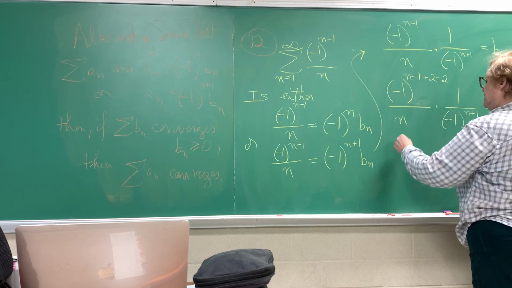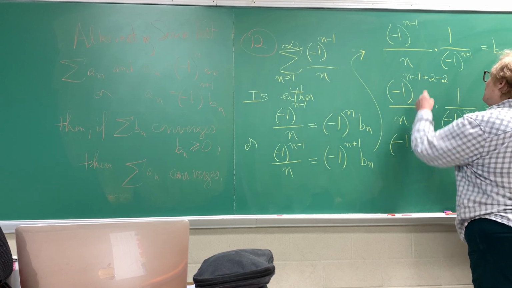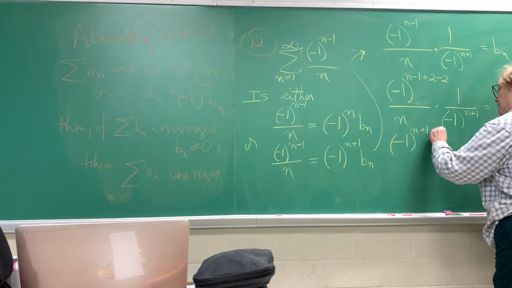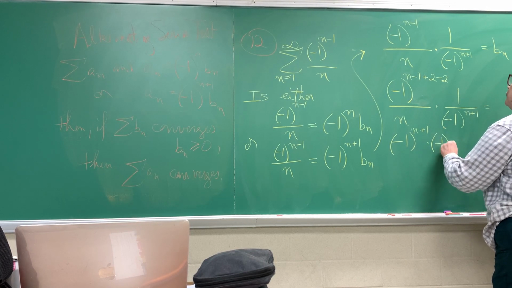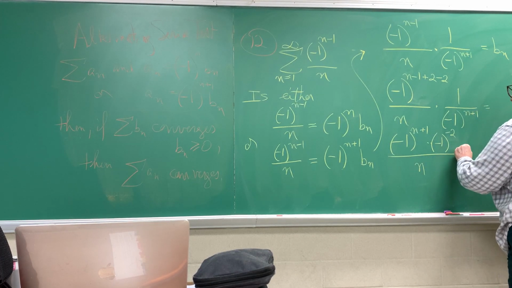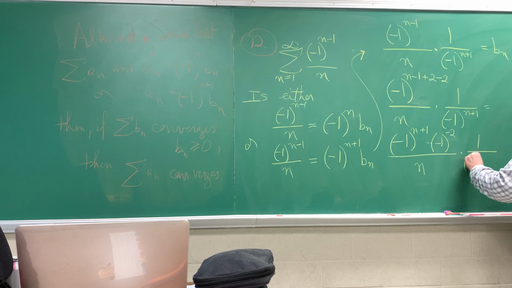And now this first bit is what we wanted. n plus 1, and we also have times -1 to the -2. Still all over n. But what can we do very nicely now? Do we have a common factor in numerator and denominator?